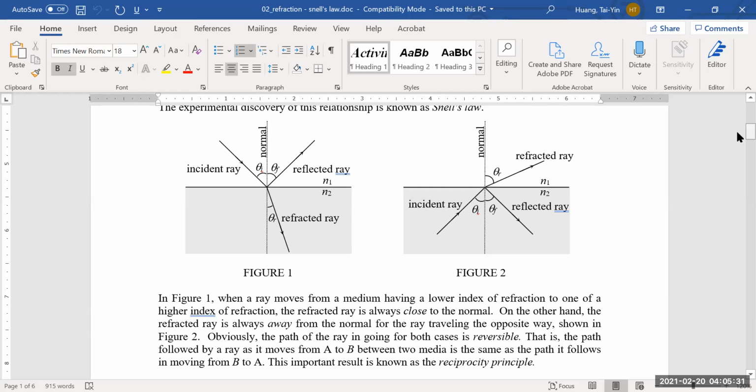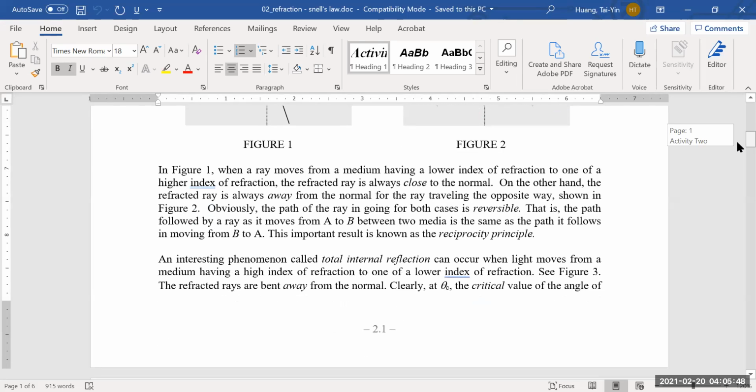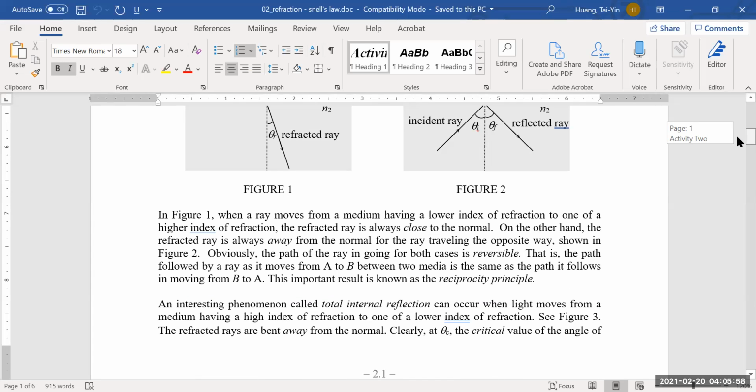All the light becomes the reflected ray. This is called total internal reflection, and it is used a lot in fiber optics, like cables and things like that.